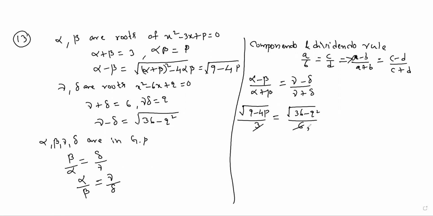Three ones are 3, three twos are 6. Now squaring on both sides, the root and square get cancelled. 9 minus 4p over 9 is equal to 36 minus 4q over 36. I made a small correction here: it is 4 gamma delta, so the value is 4q only.